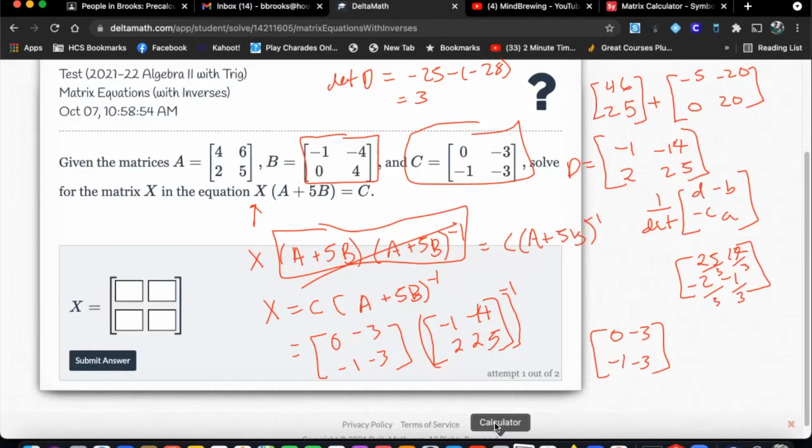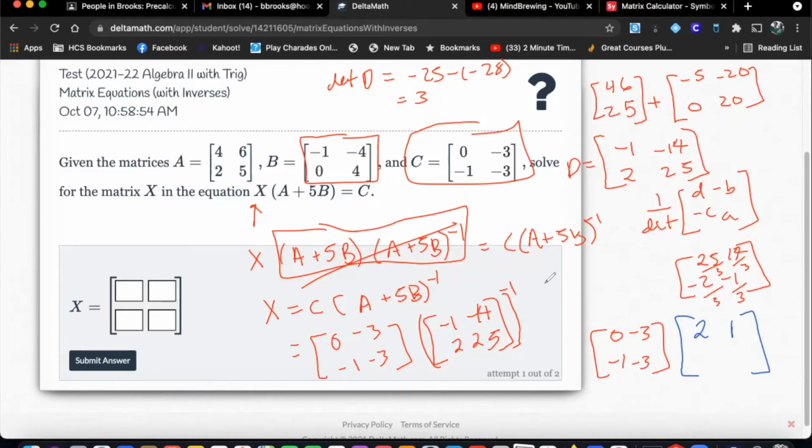So now I'm multiplying. Let me change the color just to make things a little easier to see. 0 times 25 over 3 is 0. Negative 3 times negative 2 over 3 gives you positive 2. 0 times, that's going to be 0 again. And then negative 3 times negative 1 over 3 is going to give you positive 1.